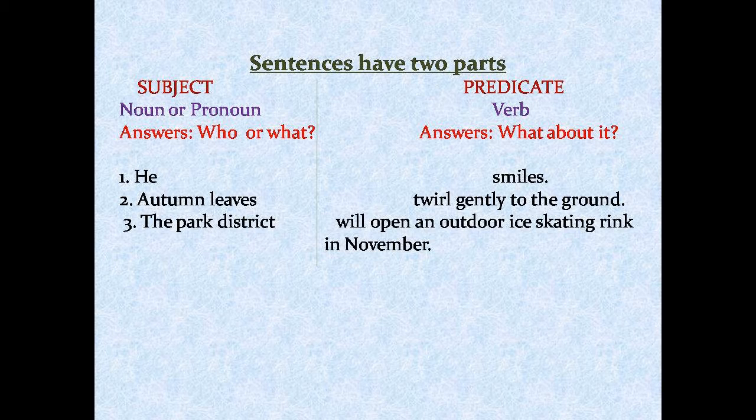What is the verb over here? Will open is the verb. So we add the question, who will open? The park district. Therefore, in the third statement, the subject is the park district.